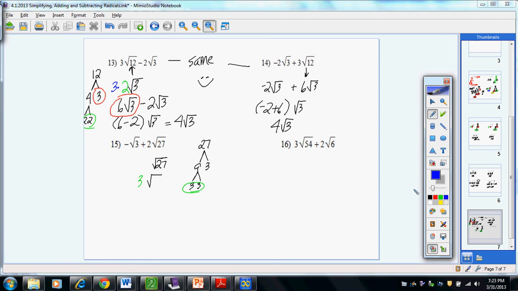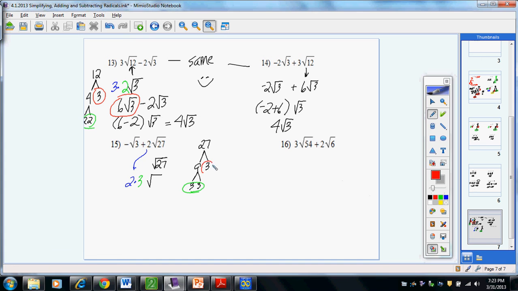Don't forget our 2 that still lives up here. And then what's left is this 3 right here that will stay underneath the radical. So this is going to simplify to 2 times 3 is 6 square root 3. And then we still have to bring down this negative square root 3.